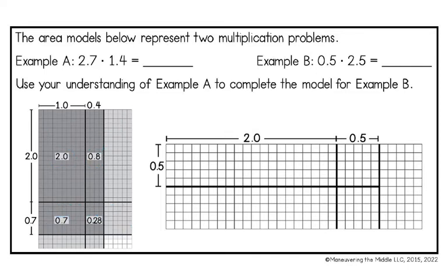Now to find the answer, we are going to add all of those together. So 2.0 plus 0.8 plus 0.7 plus 0.28.